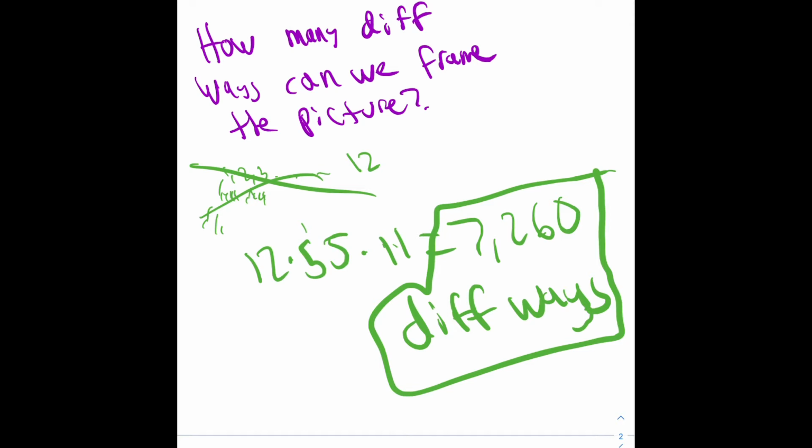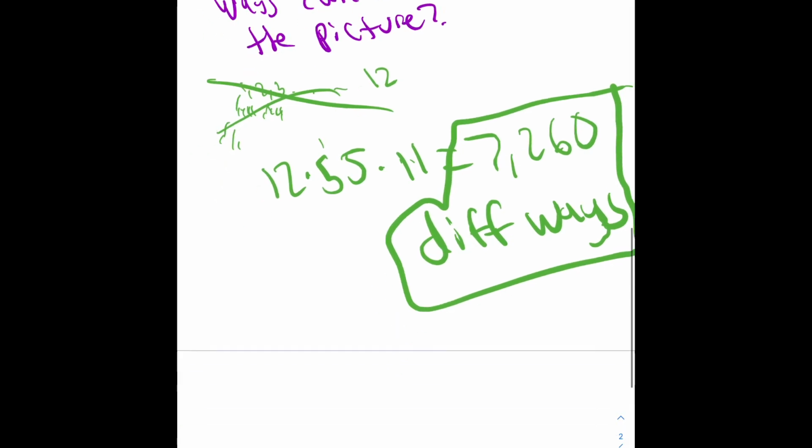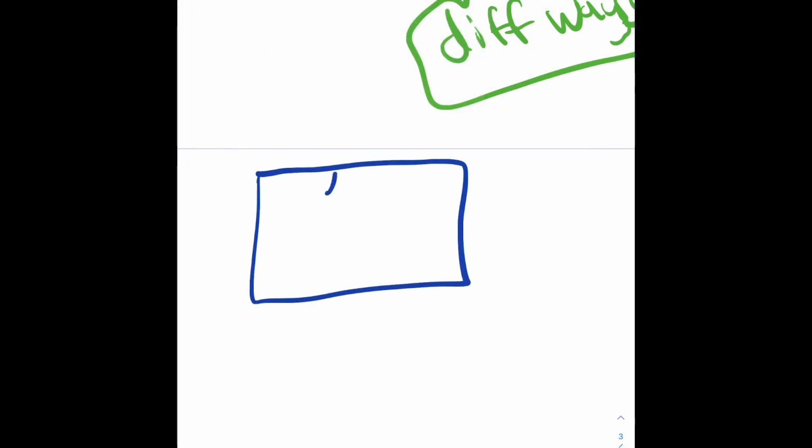Sometimes you can use the counting principle, but letters can repeat. Let's think about a license plate. A normal license plate has the state up here, and you often have a couple letters and a couple numbers.